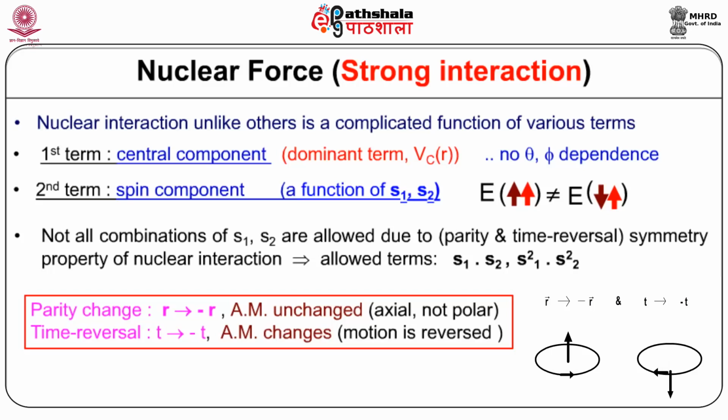Not all combinations of S1 and S2 are allowed, due to the parity and time reversal symmetry properties of the nuclear interaction. Allowed terms include S1 dot S2 and S1 squared dot S2 squared.